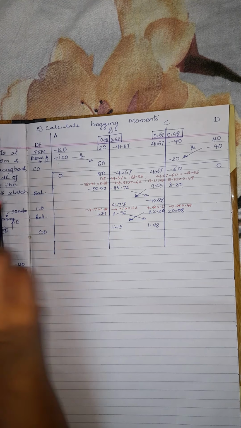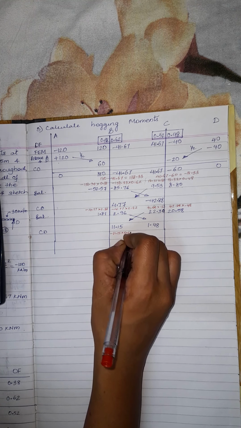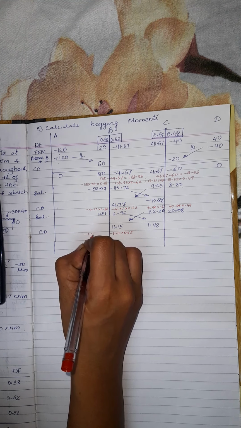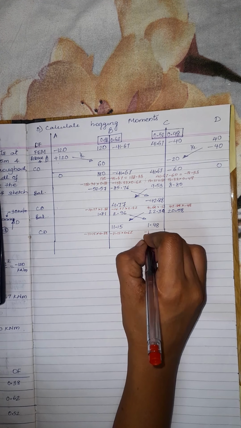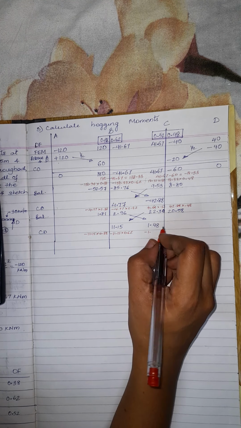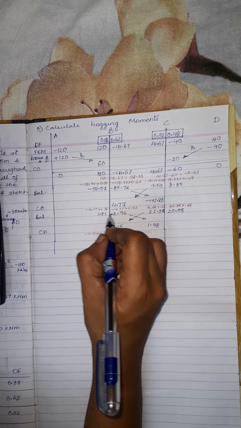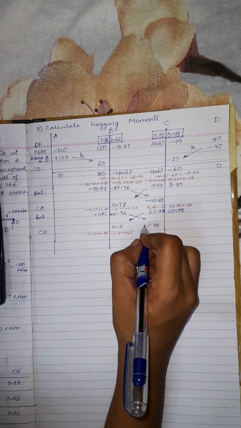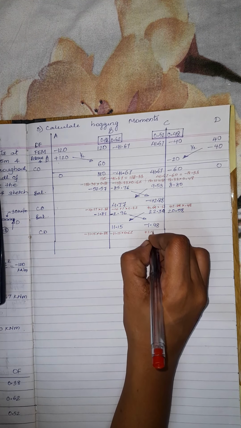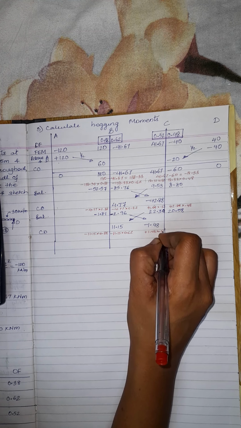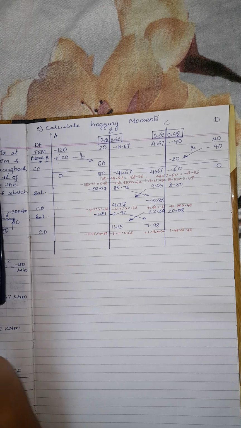So 11.15 into 0.62, 11.15 into 0.38. I will write it 1. This is minus, this is minus, this is minus, so this is plus here. 1.48 into 0.52, 1.48 into 0.48.